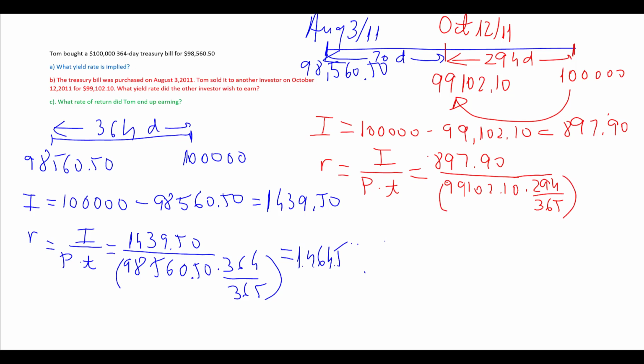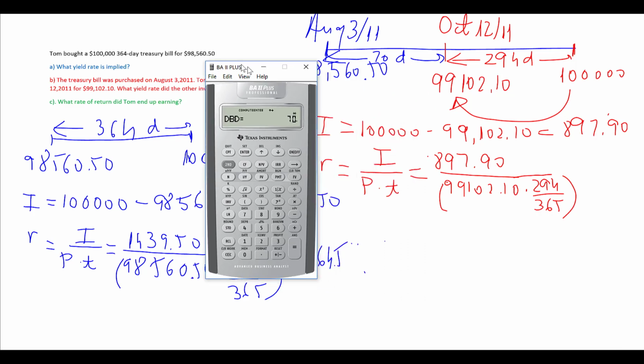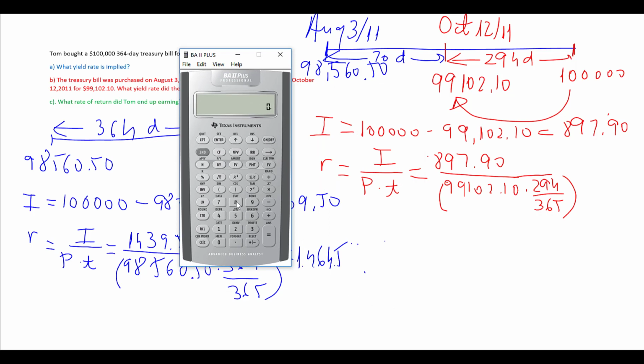So we have $897.90 divided by, we open bracket, 99,102 decimal 10 times 294 divided by 365, we close bracket, equal, and we multiply by 100 to have the rate expressed as percent.